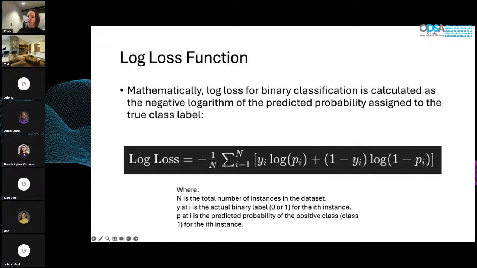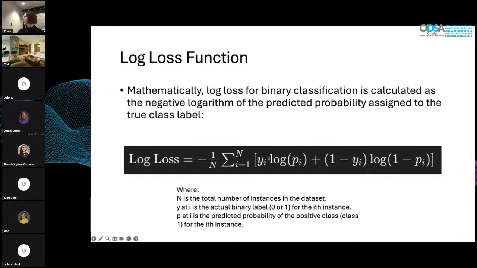Remember, we talked about summation functions. We're going to use those here. So we're going to sum this formula for all of our records from i to n, where n is the number of records in your data set, and then we're going to divide by n. All of this just says take the average. And then there's a negative sign that's going to invert this.